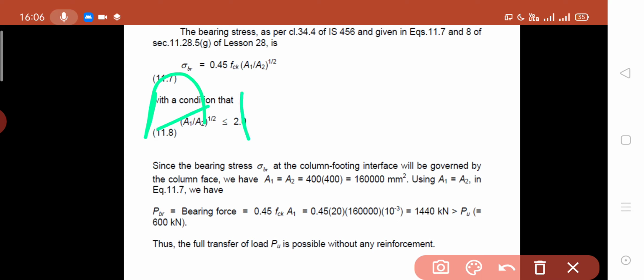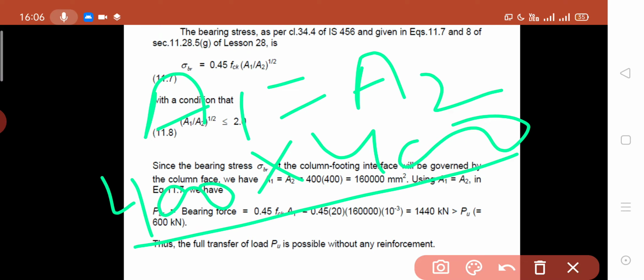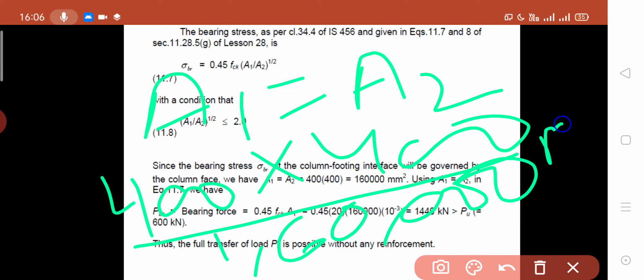So A1 equals A2, and A1 is the size of column, which is 400 into 400. So the area is 1,60,000 mm square. This is for A1 or A2.